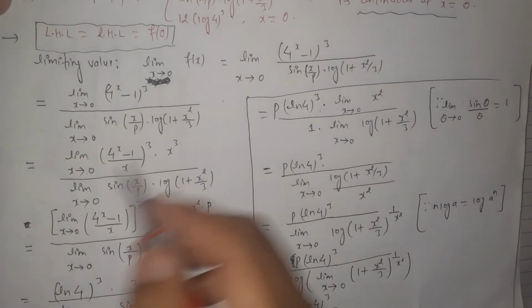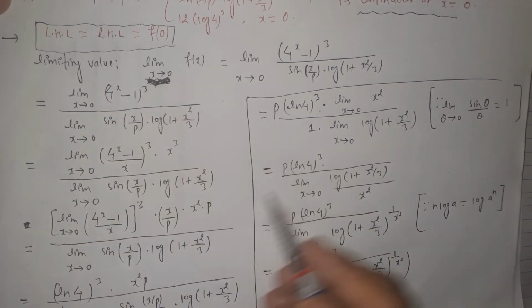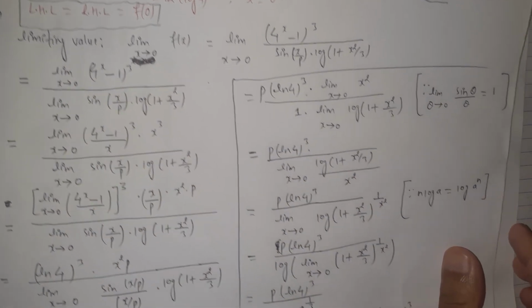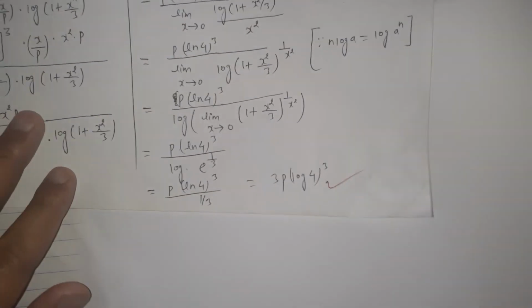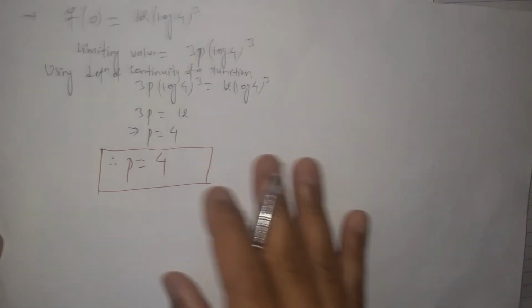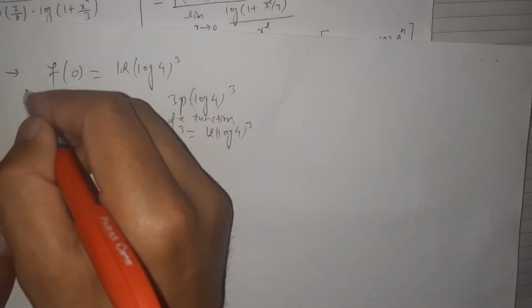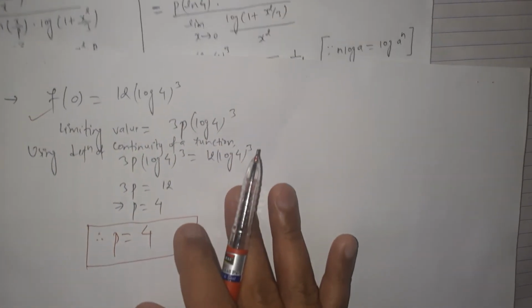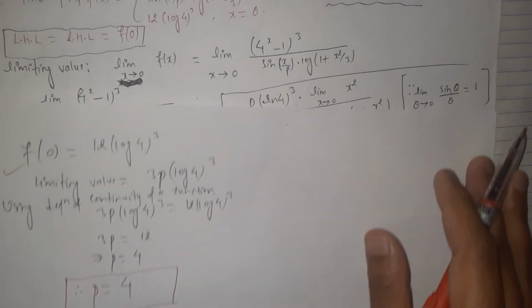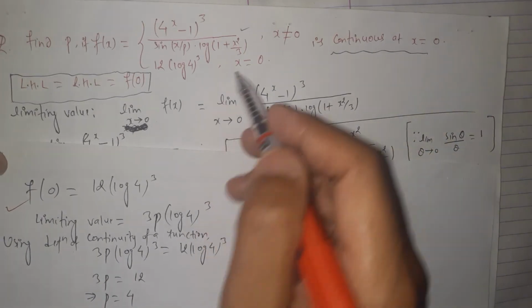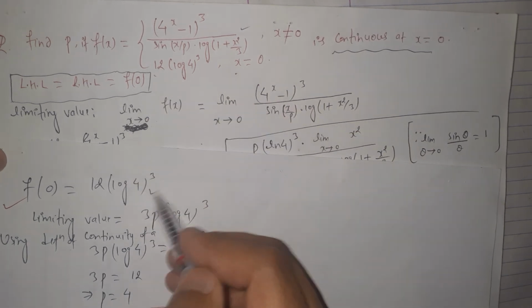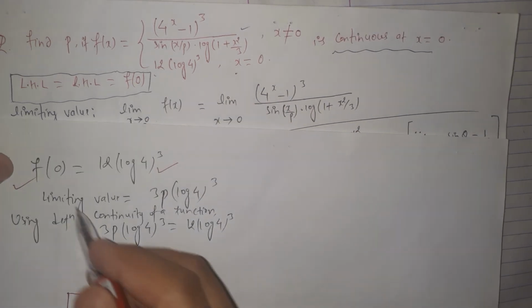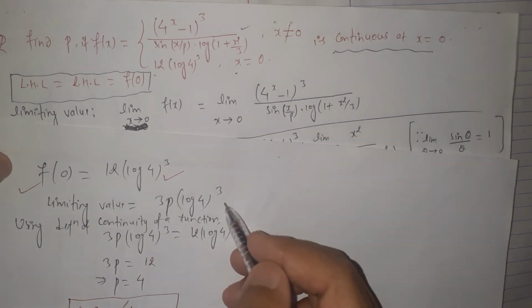Here we first calculate the limiting value by using some properties and some formulas. Here we finally got the limiting value, and in the next page we calculate the functional value at the point x equal to 0. By the equation at the point x equal to 0, the functional value is this, and the limiting value is calculated as this.